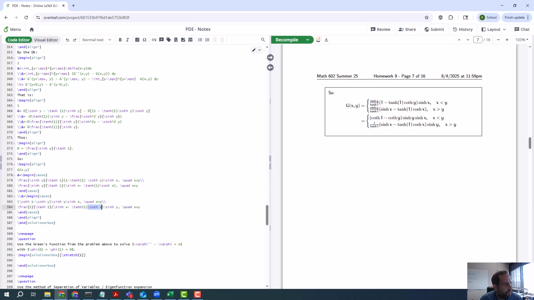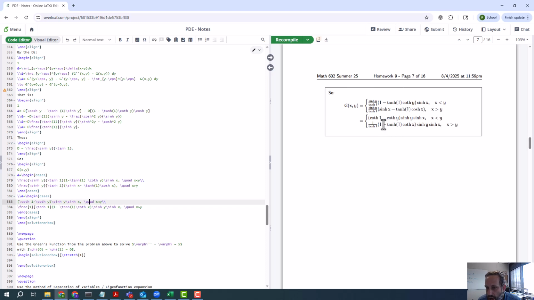What do I want to do? No, that's not what I want to factor out. I want to factor out the sinh x. So I'm going to factor out the sinh x. I'm going to have it here. That's a 1, but if I do that, I have to divide by this. So I'm going to have cosh x divided by sinh x. So that's going to be coth x. Okay, so let me see what I have here.